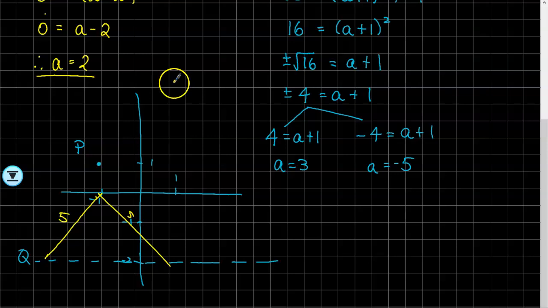What happens if I said Q is somewhere along here? Well, that would be 1, something, I don't know, let's call it b. And again, it could be 5 units that way or 5 units that way. So you would sometimes get 2 solutions because it can go this way or that way.